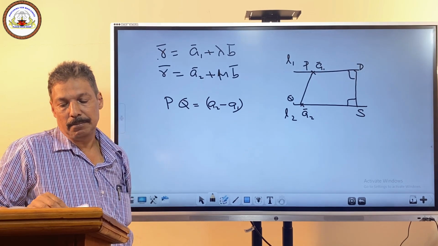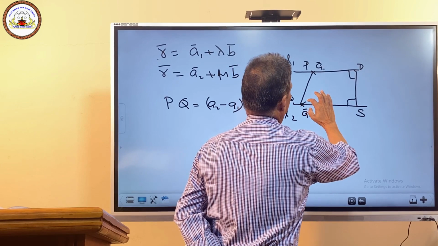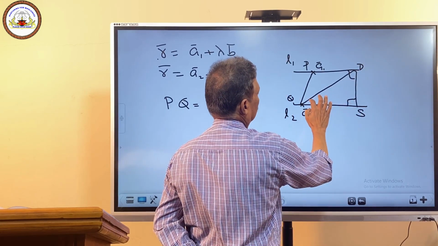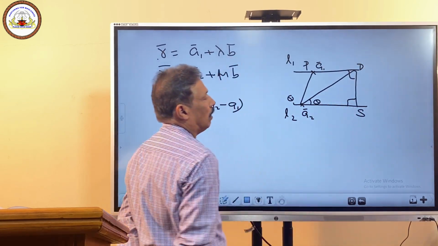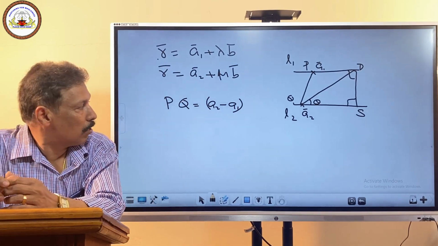Sometimes we construct a new line, which makes an angle theta. Then we apply the formula for the projection of A bar on B bar.